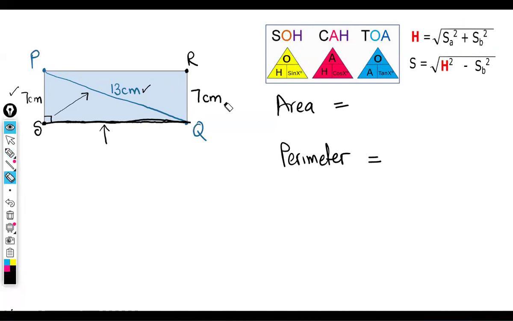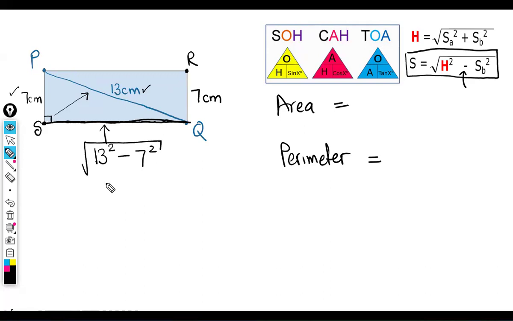When you are trying to find a leg, which I also call a regular boring side, you use this formula, the one with the minus sign instead. So to find SQ, we just have to take the length of the hypotenuse, which is 13. You always put your hypotenuse first in that version of the formula. 13 squared minus the length of the leg they gave you, which is 7 squared, and you square root last.